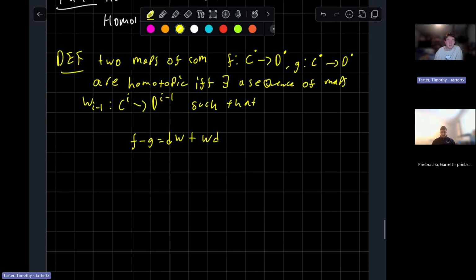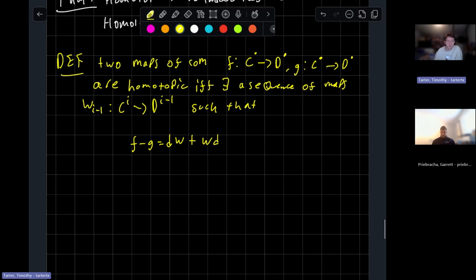So in a decreasing complex, here we're going I to I minus 1.